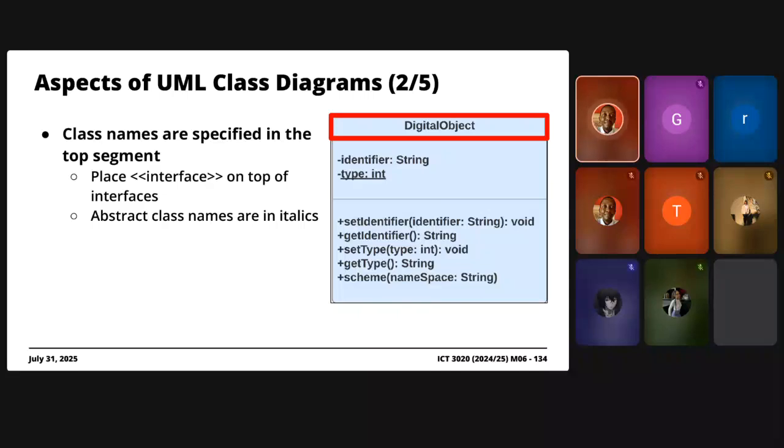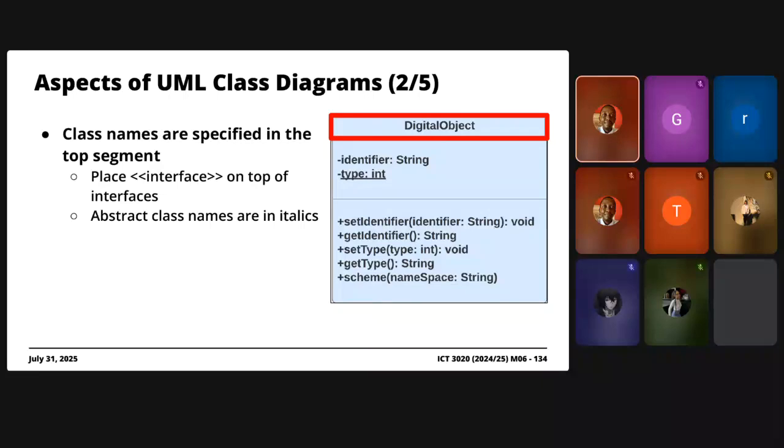and we see here that in instances where you're trying to model, let's say, an interface, for instance, instead of just having a normal class name, like in this particular case, the class name is digital object, what you do is you'd use these annotations, right? Use the guillemets, double greater than sign, double less than sign, right?